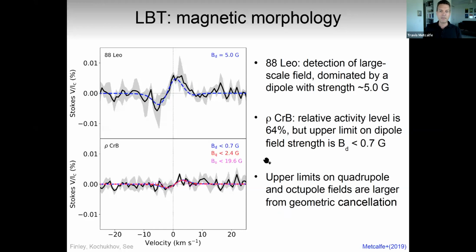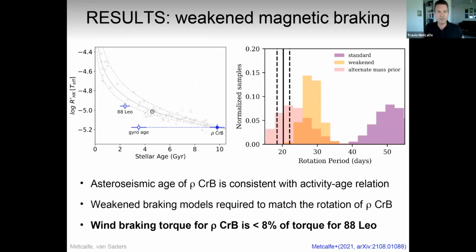Okay. So what did we find when we put all of these things together? The first point is that the asteroseismic age that we derive from TESS photometry for Rho CrB is perfectly consistent with the mean activity level expected for that age from a sample of solar analogs.